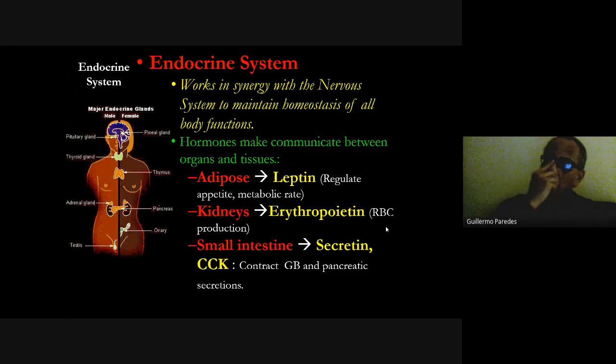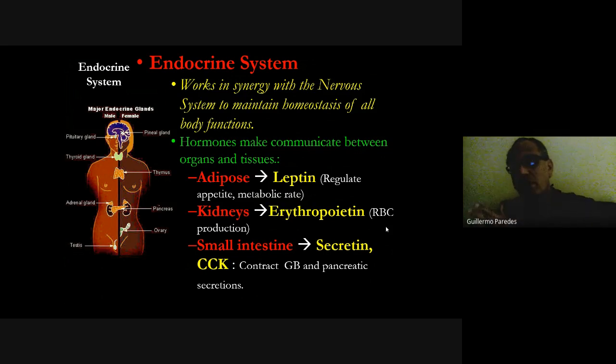In the previous class, you learned about the hypothalamus. The hypothalamus is the center of temperature, the thermostat, right? But the hypothalamus is much more than that. The hypothalamus is part of the central nervous system. But why are we talking about the hypothalamus and the central nervous system if we are talking about endocrine?